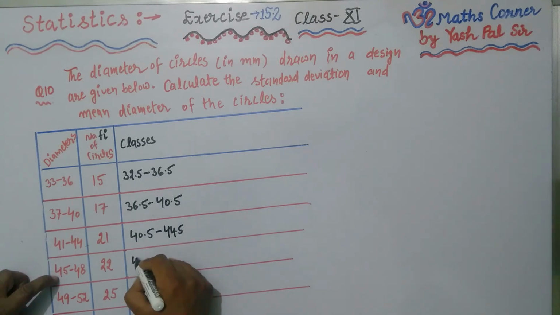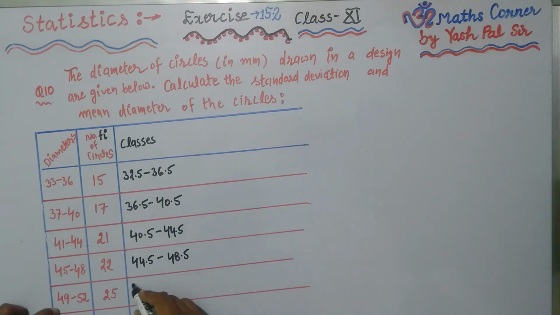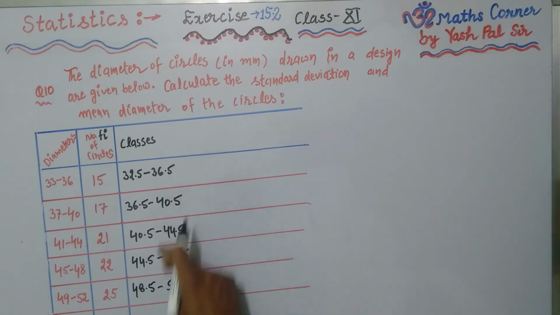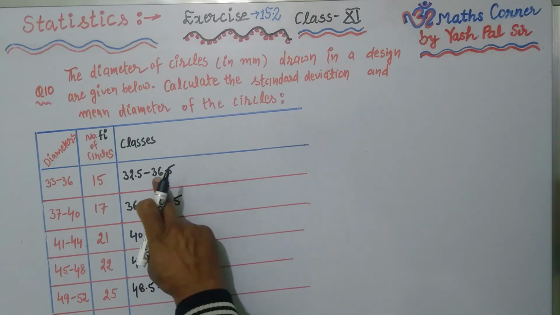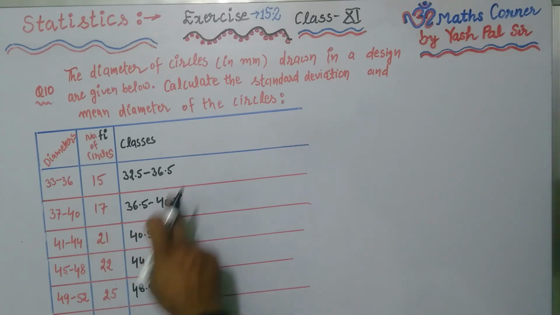Next is 44.5 to 48.5. Next is 48.5 to 52.5. Now these class intervals are continuous: the ending upper limit is 36.5, the starting lower limit is 36.5, and so on.